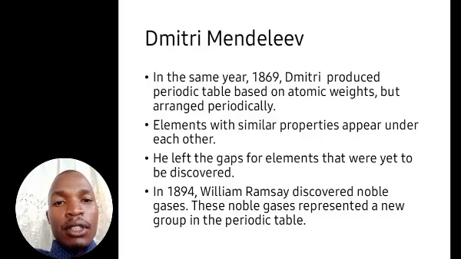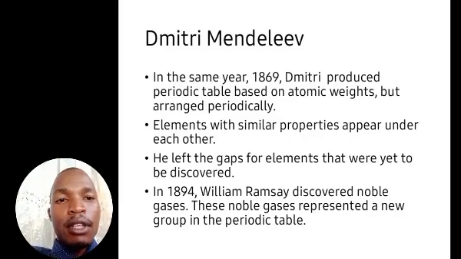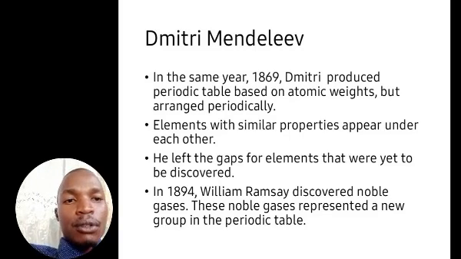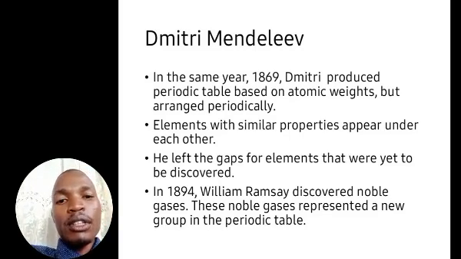And then you notice that the elements with similar properties appeared under each other. This was a very great idea toward the development of the current day periodic table. While he was arranging these elements periodically, he left gaps for elements that were yet to be discovered by then.